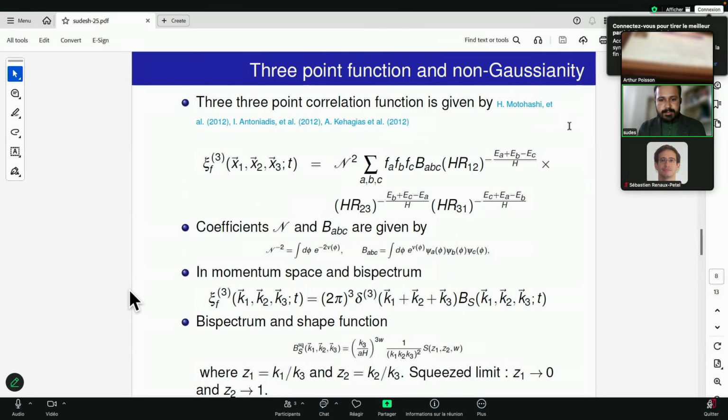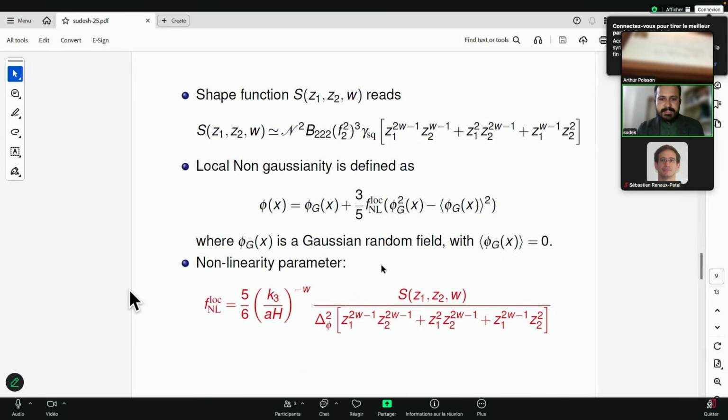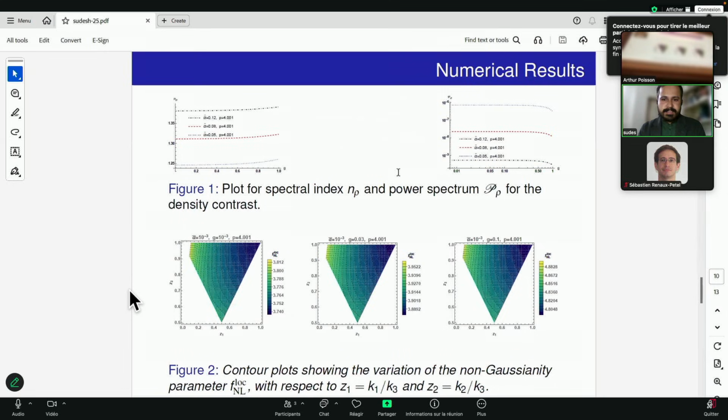In momentum space we compute the bispectrum, and in the squeezed limit we finally get the nonlinearity parameter f_NL local, in the local regime, where S is the shape function in the local shape.